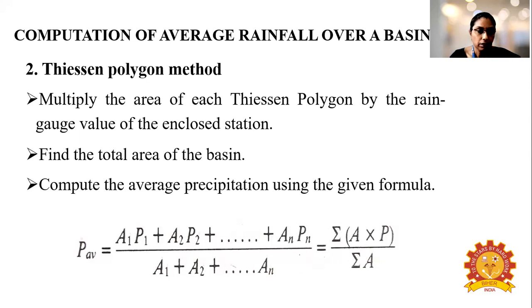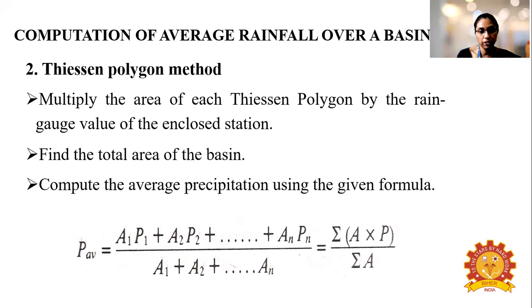Then we can substitute the values in the given formula, that is average precipitation equals A1P1 plus A2P2 plus up to AnPn, divided by A1 plus A2 plus up to An. Here A1 is the area of gauge station 1, and P1 is the recorded amount of precipitation or rainfall at gauge station 1.